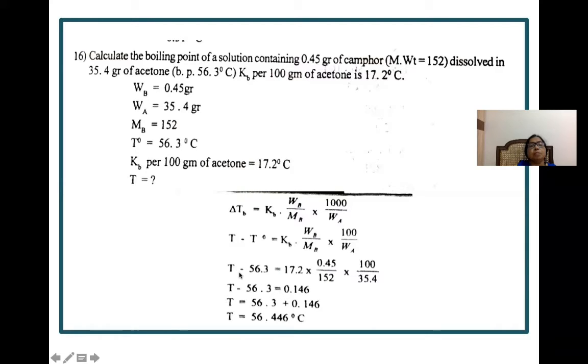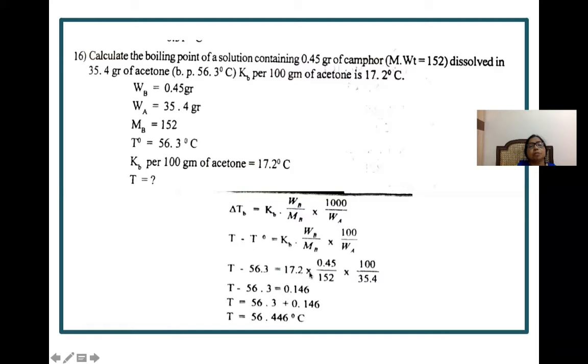So T naught is given here, 56.3, and Kb is 17.2.